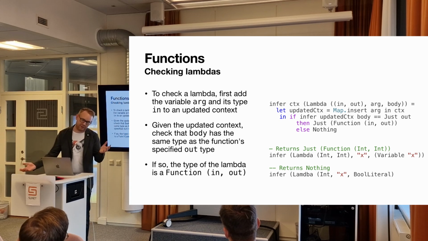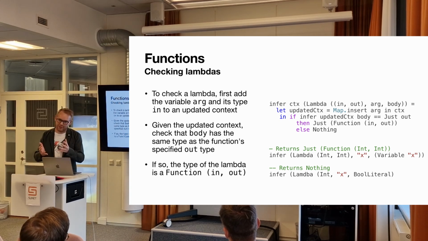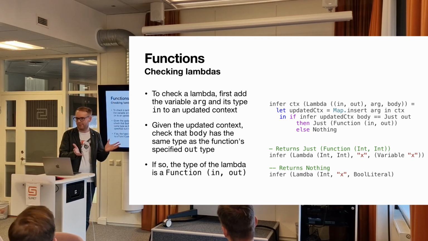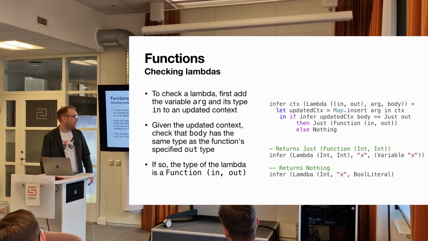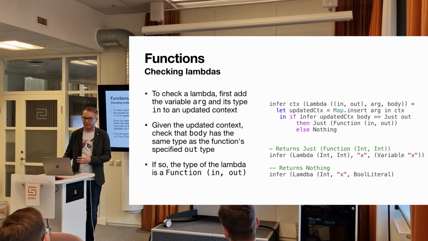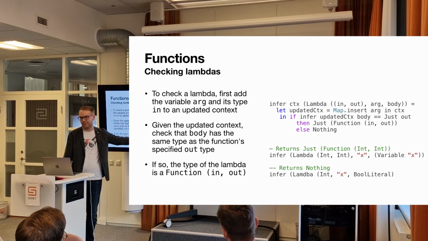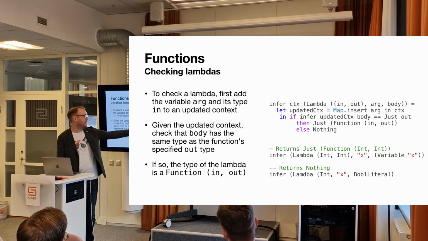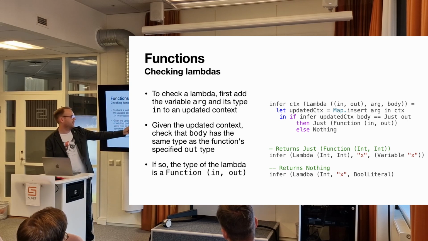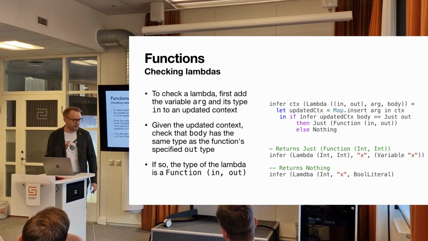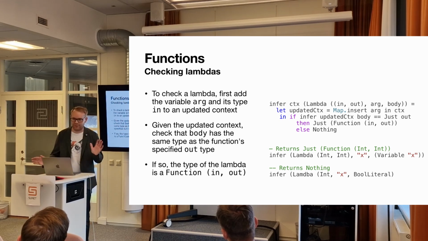So basically, take the function body, check that it's the same type as we said the output type of the function is. And if we succeed, then the type of the function expression is a function type with the given input and output types. Otherwise, it's nothing, and we fail to type check.